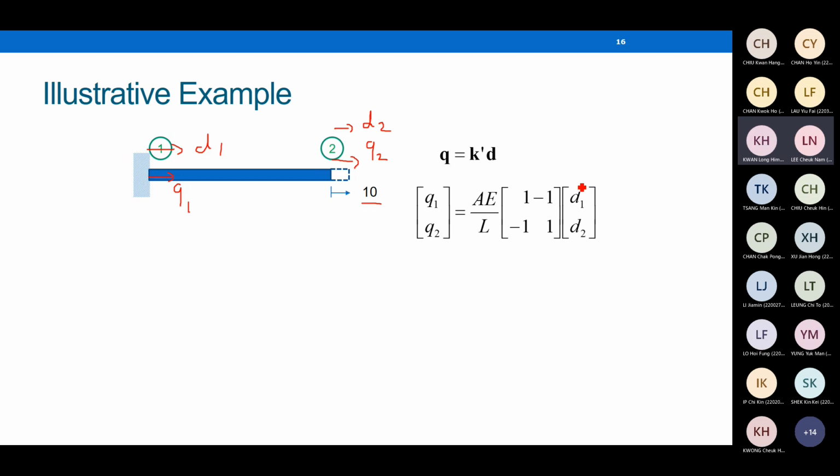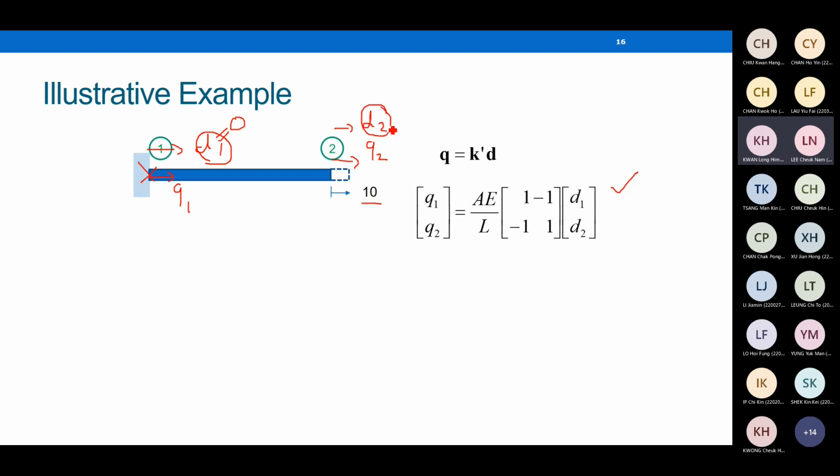So in general, for a truss member, we can put down this force-displacement equation immediately, symbolically: Q1, Q2, D1, D2. And then you can put the well-defined conditions into the equations. From this picture, what do we get? D1 is the displacement at the fixed end, so it is equal to 0.